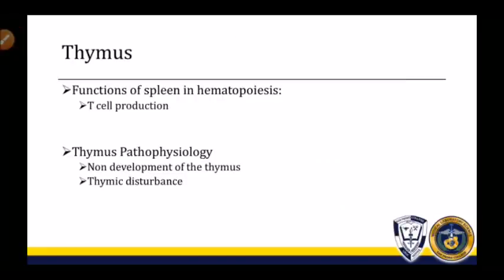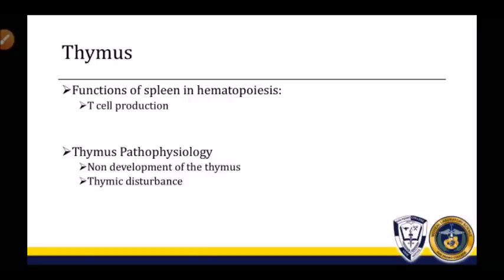There are cases wherein the thymus is not developed, and the non-development of the thymus is very fatal for children because that will render the children immunodeficient for the rest of his life. Kay ang iyahang T cells wala man na train to fight infections.